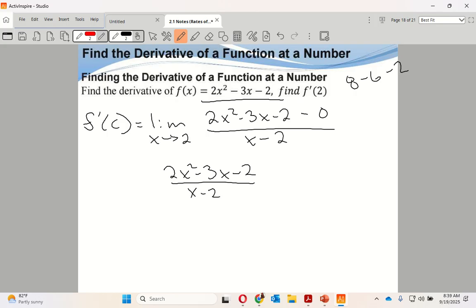Now, this is the method I like using: A times C. What two numbers? We got A, B, C, so that's going to give me negative 4. And I need two numbers that add together to be my B value, which is negative 3. So I get negative 4 and positive 1.